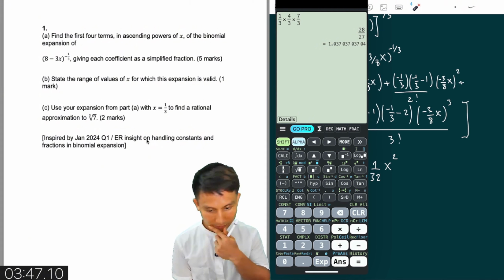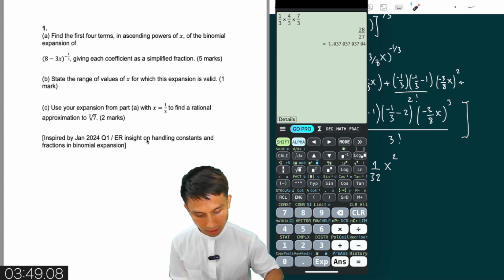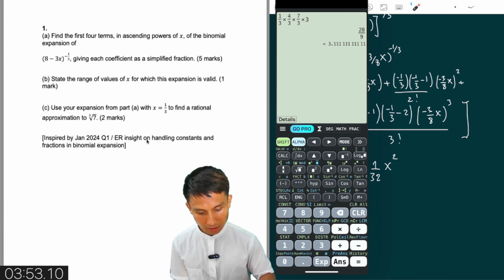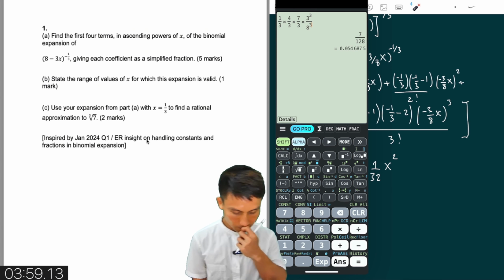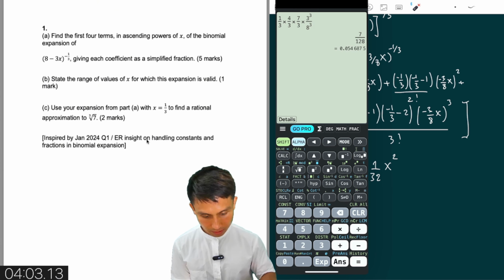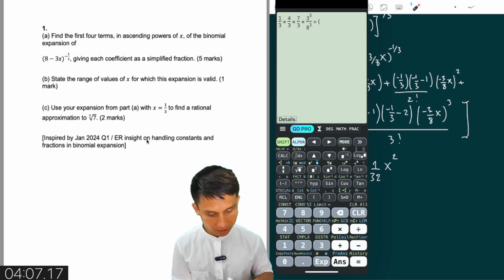Yeah, 7. And then times 3 to the 3 divided by 8 to the 3. And then divided by 3 factorial, which is 6.